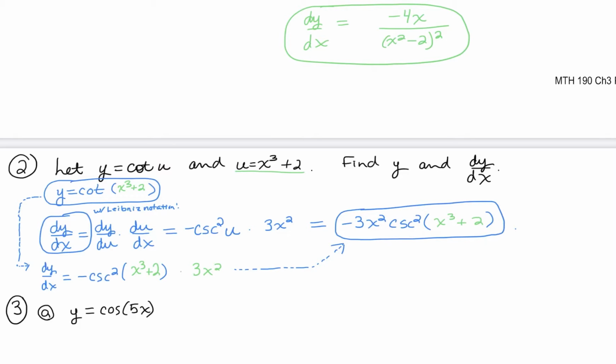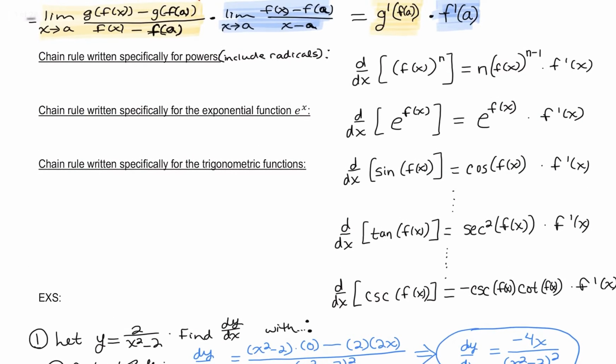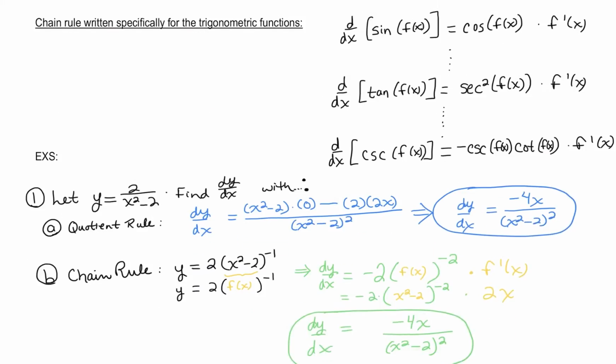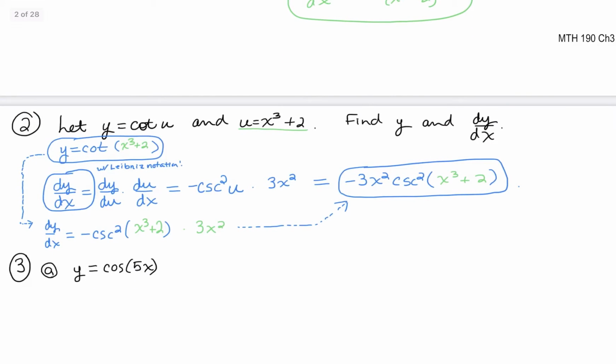I want you to keep thinking about these various forms that we summarized last time. For trig functions, you apply your derivative rule for the outer trig function with the inside left alone, and then times the f prime. Anytime your inside function is more than just a plain old x, that is when you need to know to use your chain rule.